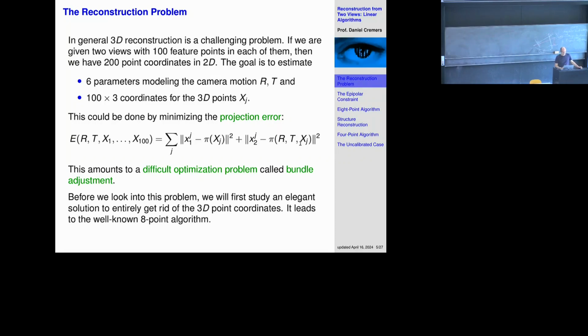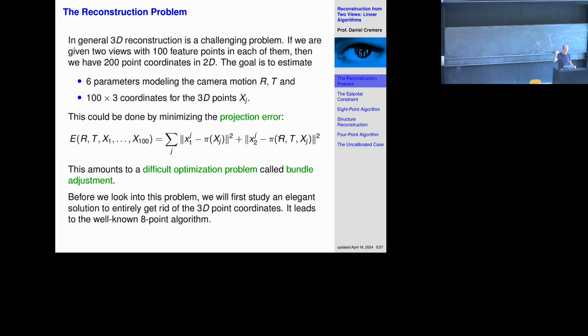And then for the second image, if large xj is in the coordinates of the first image, in order to get the projection into the second camera, what do I need to do? I need to first rotate and translate this point. So this r, t, xj basically means r xj plus t, and then perspective projection.